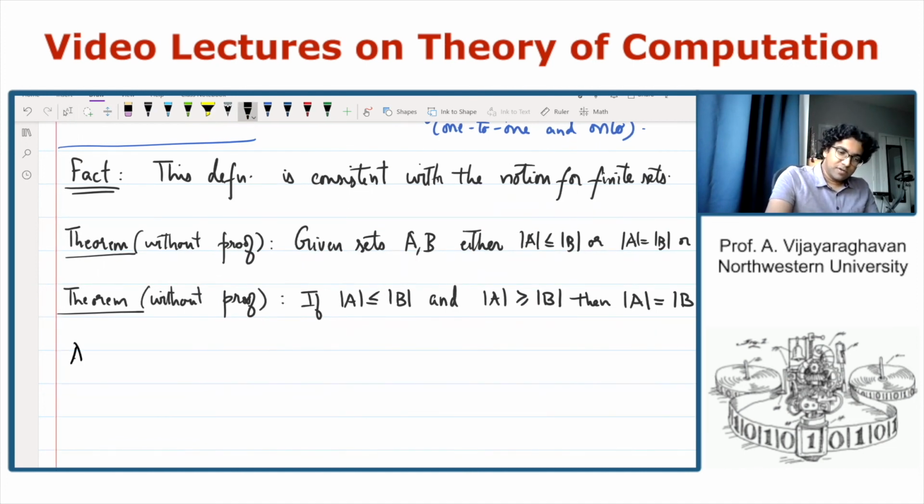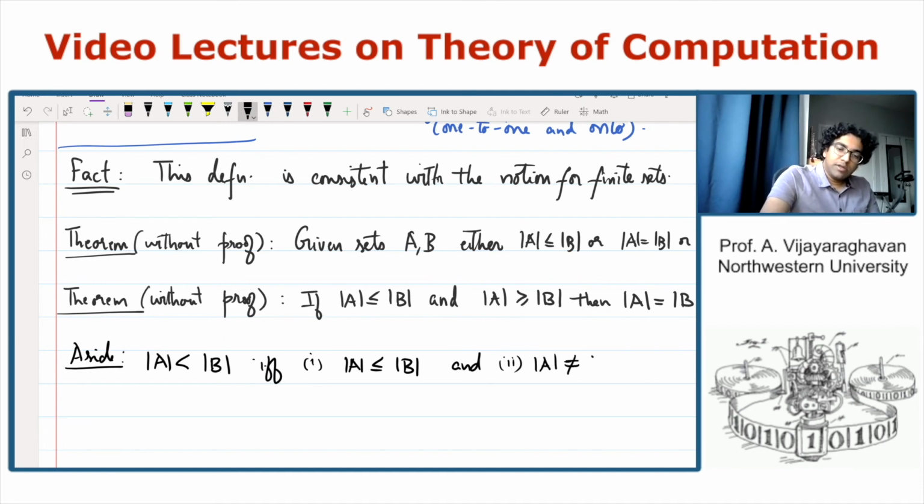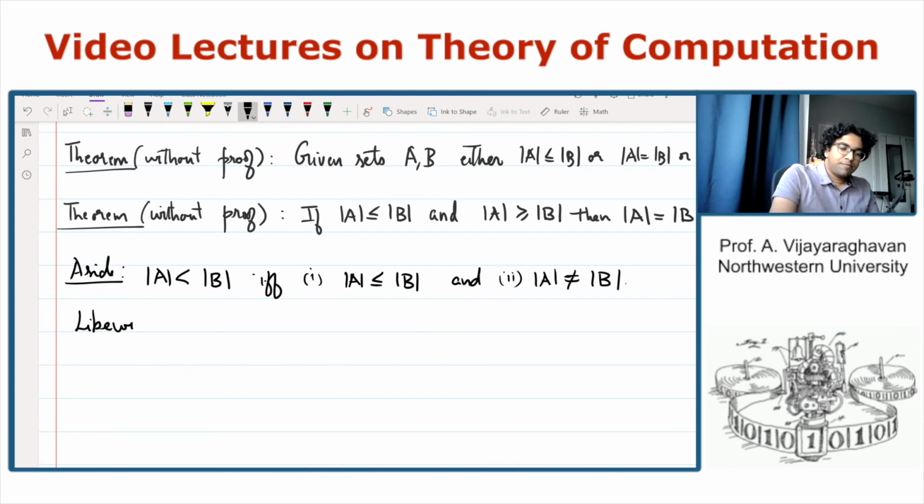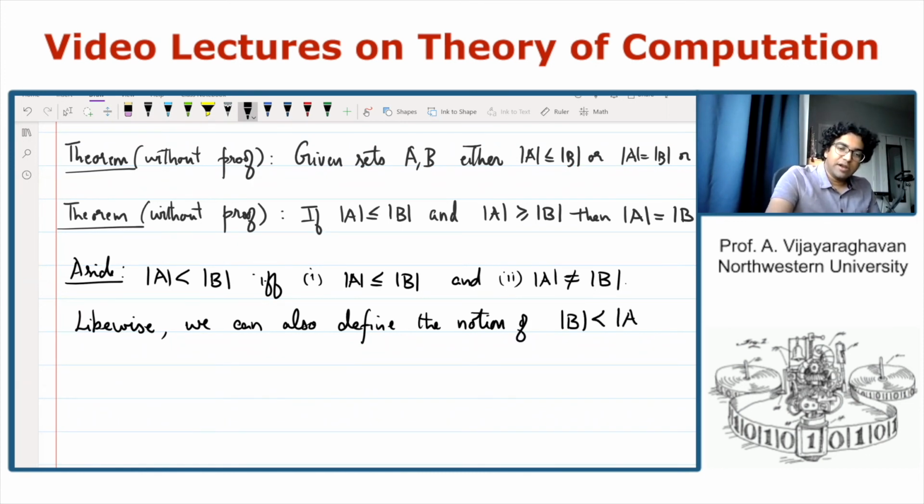You can also define things like what does it mean for the cardinality of A to be strictly less than the cardinality of B. You can say that this is the case if and only if the cardinality of A is less than or equal to the cardinality of B, and the cardinality of A is not equal to the cardinality of B. Okay, and likewise, we can also define the notion of when the cardinality of B is less than the cardinality of A, just in the same way.